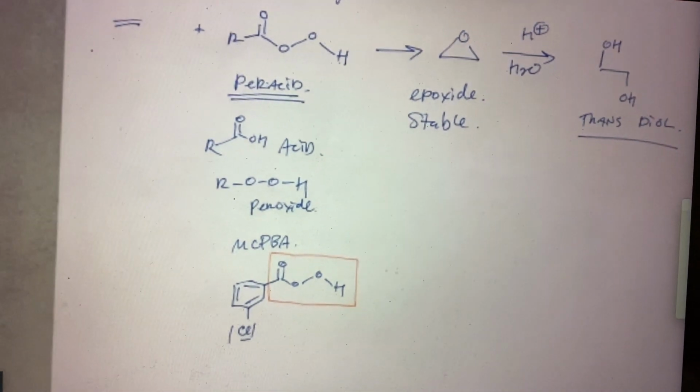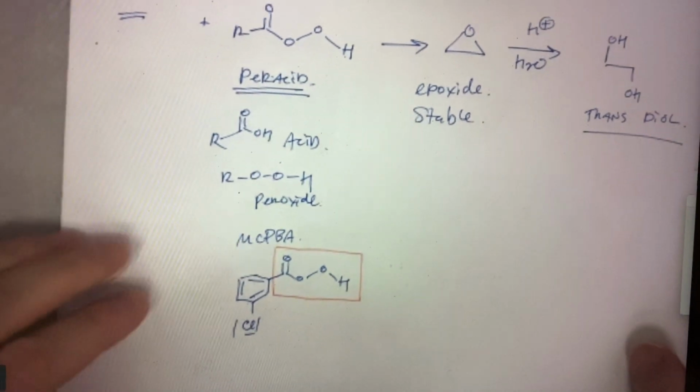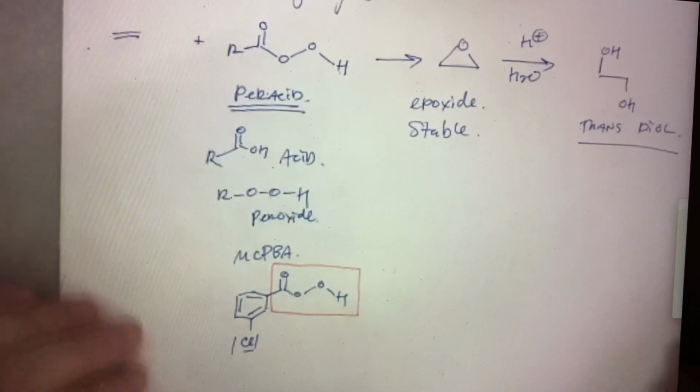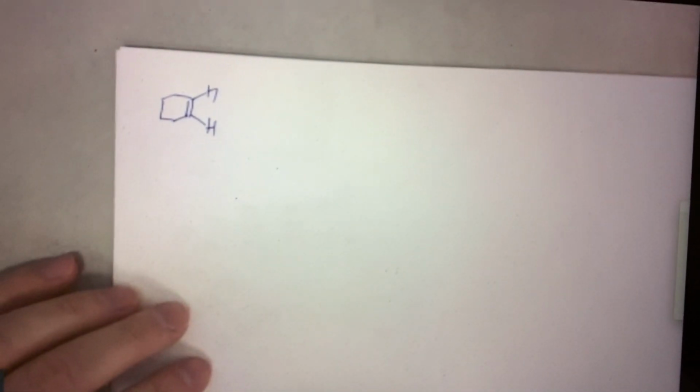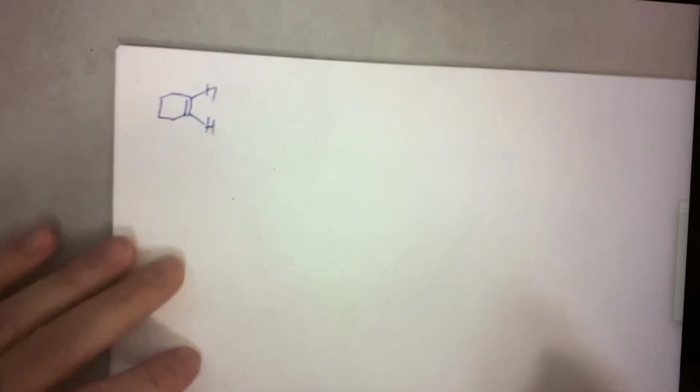Let's actually go through this one. This is new, different, and we'll get a fresh sheet of paper for it. We're going to take cyclohexene for this one. And we're going to draw MCPBA specifically as our peracid partner. We're going to draw it right next to it in a very specific way.